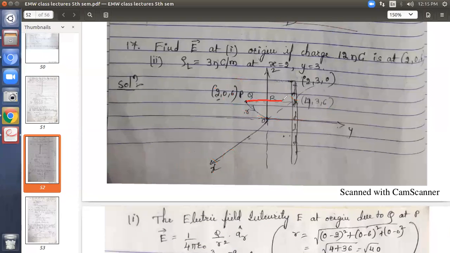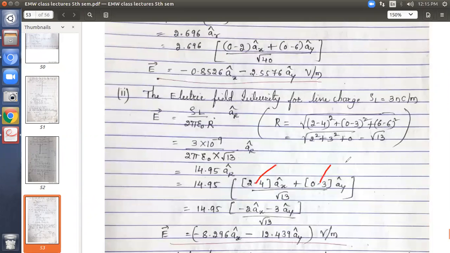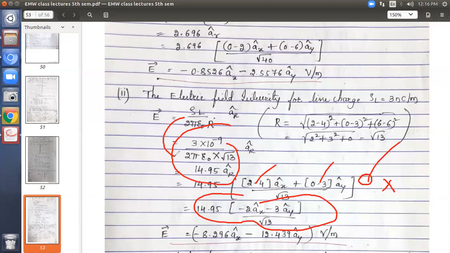The direction will be something like this, right? So initial point minus final point: 2 minus 4, 0 minus 3, 6 minus 6. That's what I've done. The az value will not come, it is 0. Further is simple calculation. Whatever the formula is, substitute the values, and you will get the electric field intensity.